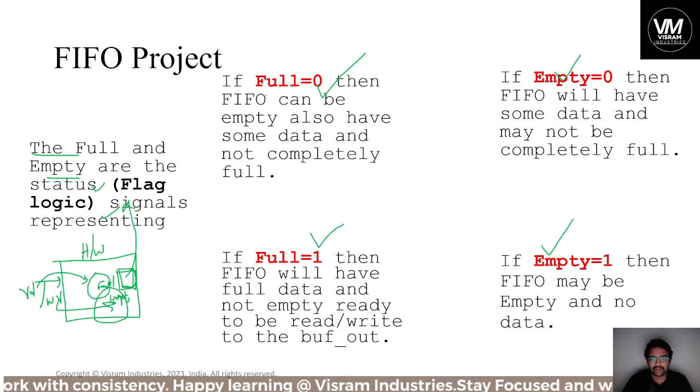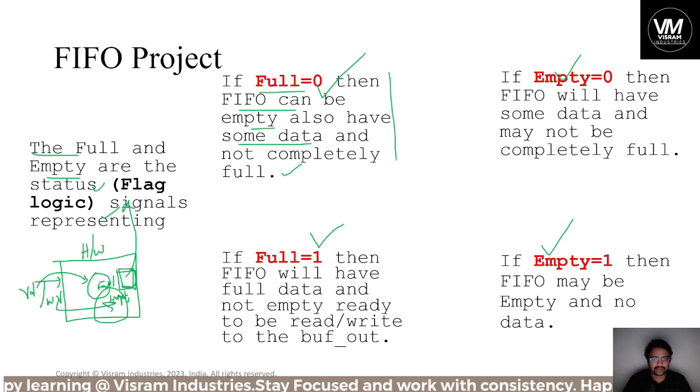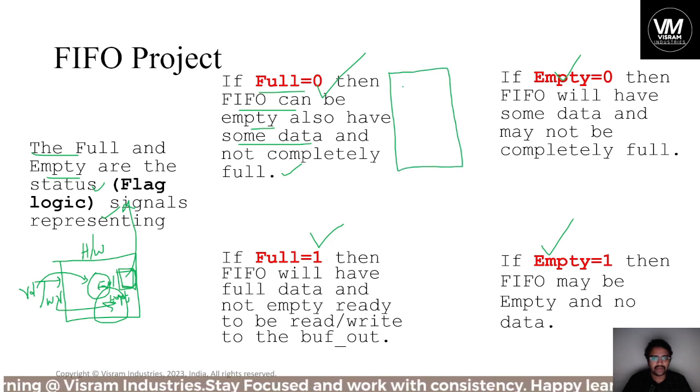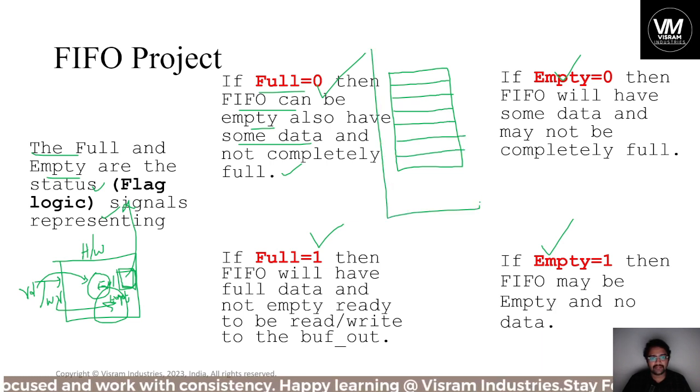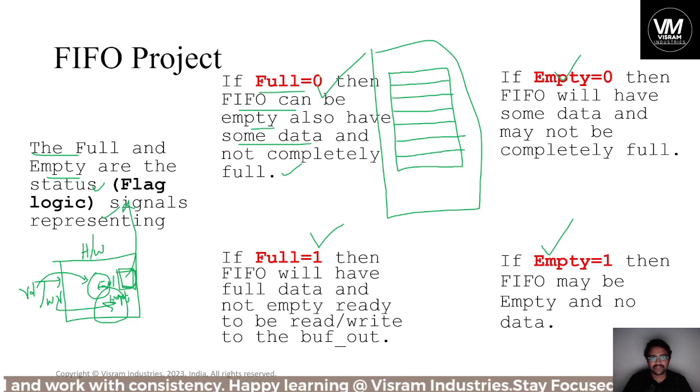Let us stay focused. If full is 0, then the FIFO can be empty, or also have some data, and not be completely full. Full 0 means this entire FIFO RAM inside the FIFO is not full. Then the FIFO can be empty.